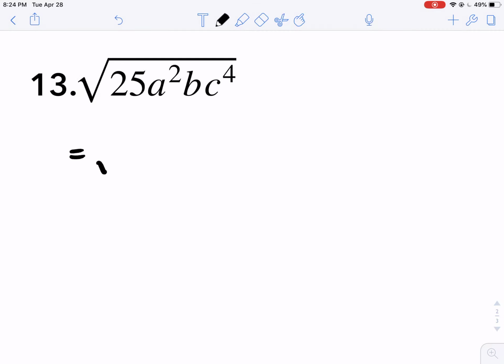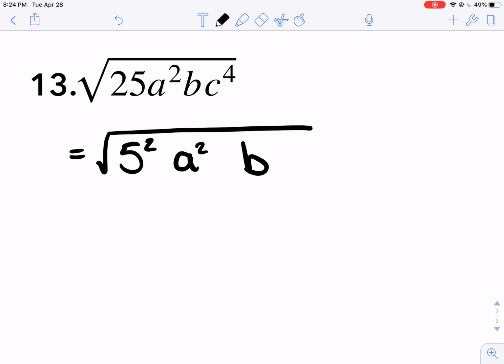So we have our square root of 25 is equal to 5 squared. A squared is already written as something squared, so that's nice. B, cool. And then c to the 4th power is the same thing as c squared squared. We're going to use our properties of exponents to write c to the 4th power as a square.